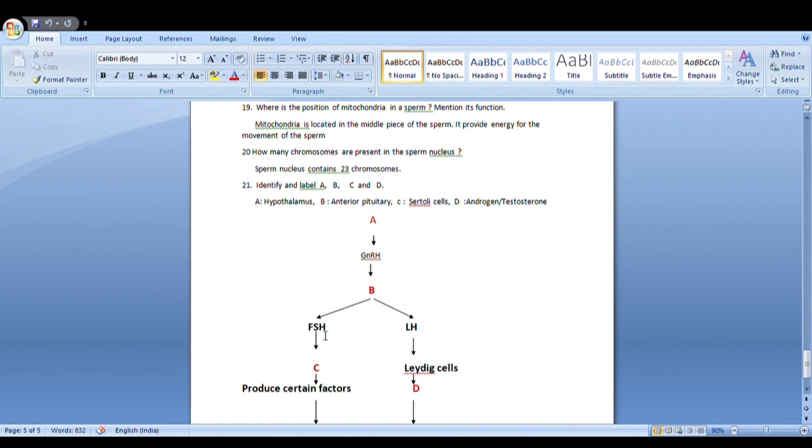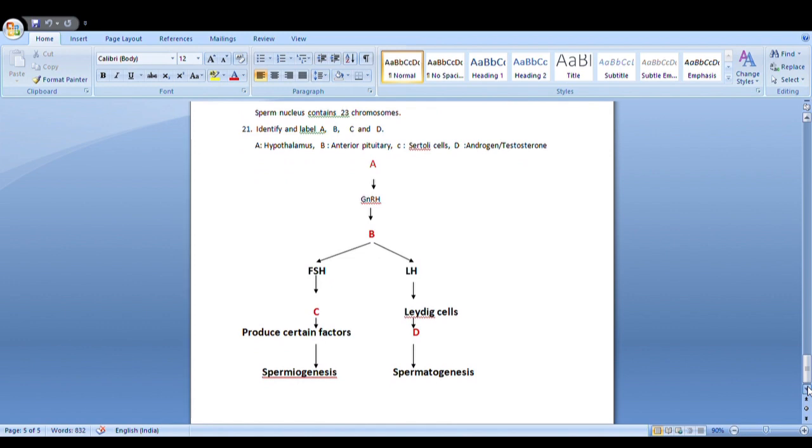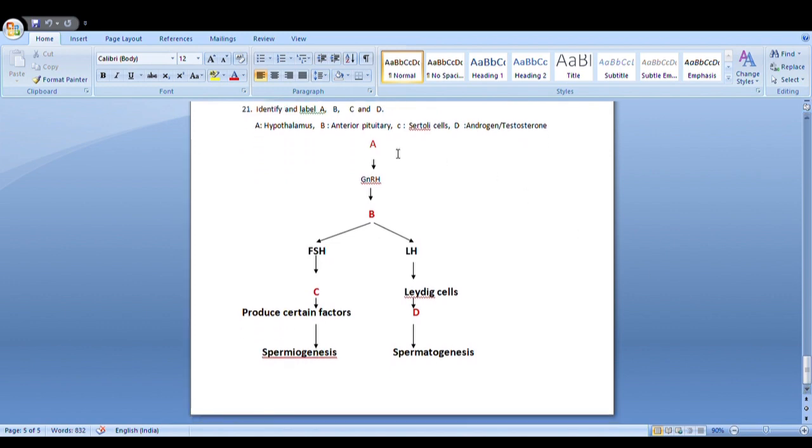FSH acts on Sertoli cells. So C is Sertoli cells that produce certain factors. LH acts on Leydig cells and secretes androgens or testosterone. So D is androgen or testosterone. So this is the hormonal regulation.